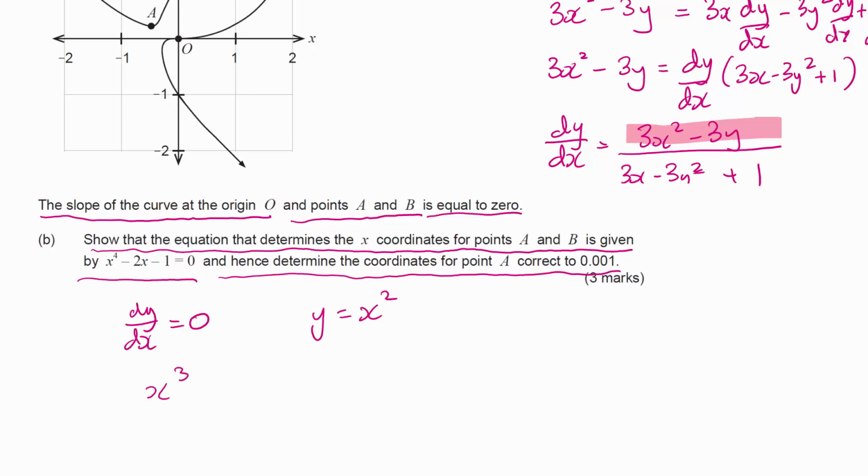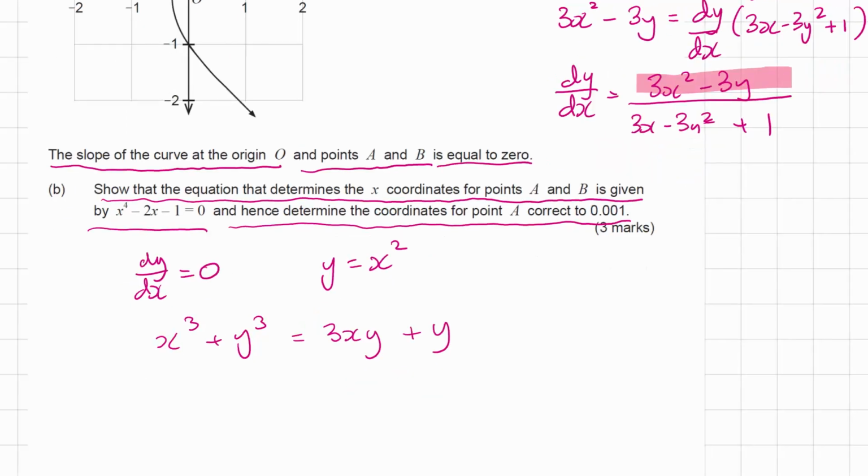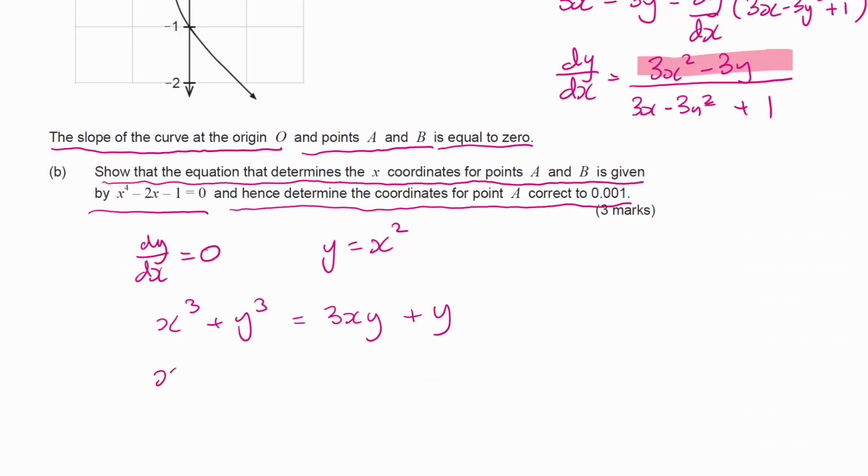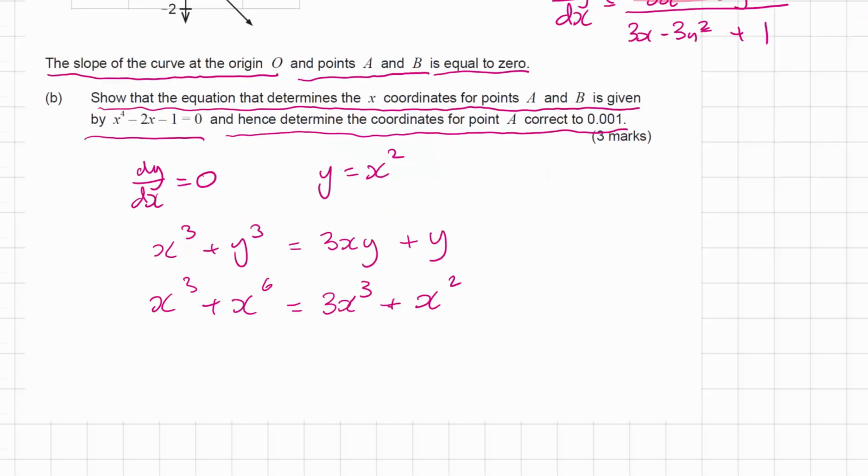Now we have x cubed plus y cubed is equal to 3xy plus y. Substituting for y gives me x cubed plus x to the 6 is equal to 3x cubed, because y is x squared, plus x squared.